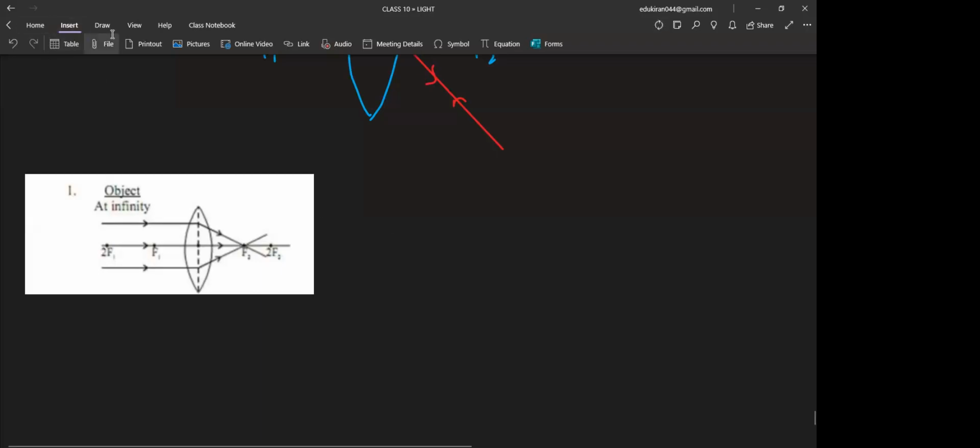Okay, when the object is kept at infinity, so now the position of the object, this is at infinity. Again, the way we have seen this in the case of the mirrors, same thing we'll be seeing it here. The parallel rays come, they intersect at a point.